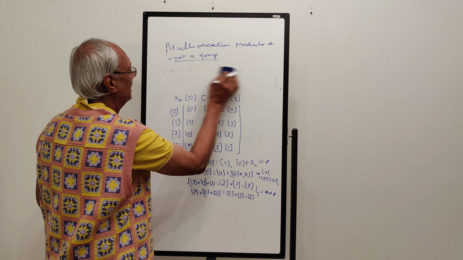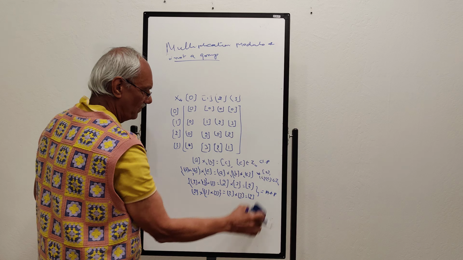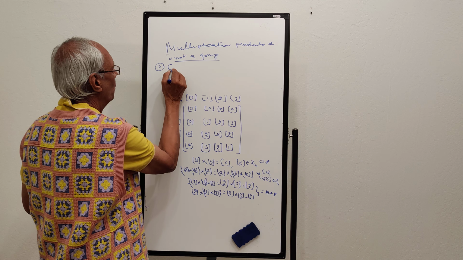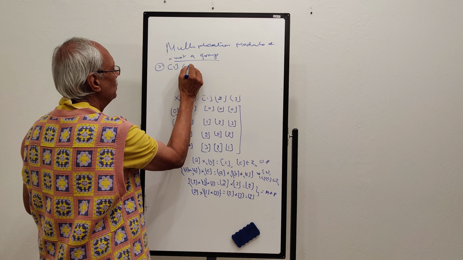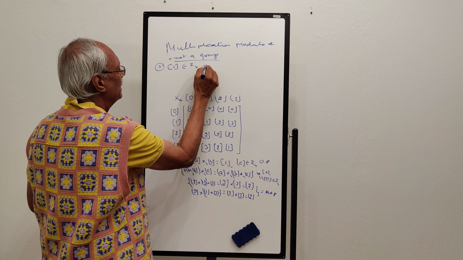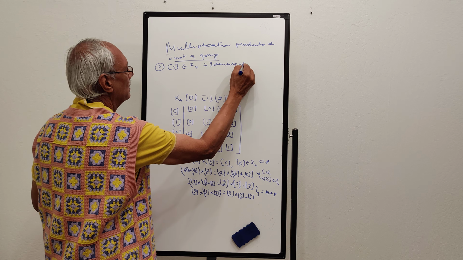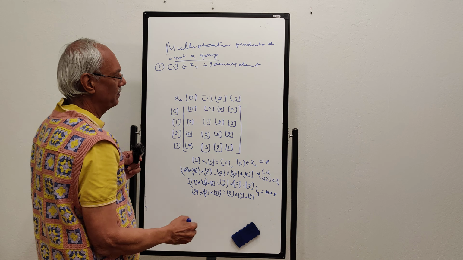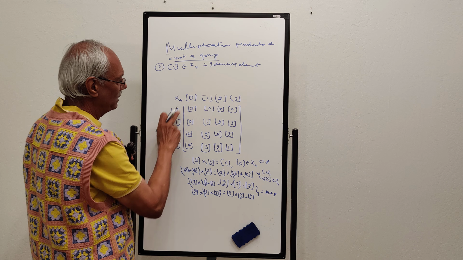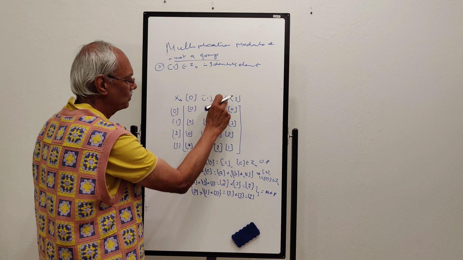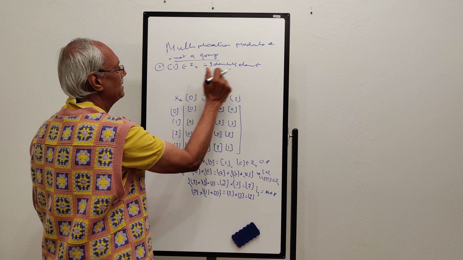And you will find that 1 belongs to Z4 and is the identity element, because 1 into 0 is 0, 1 into 1 is 1, 1 into 2 is 2. So this is the identity element.